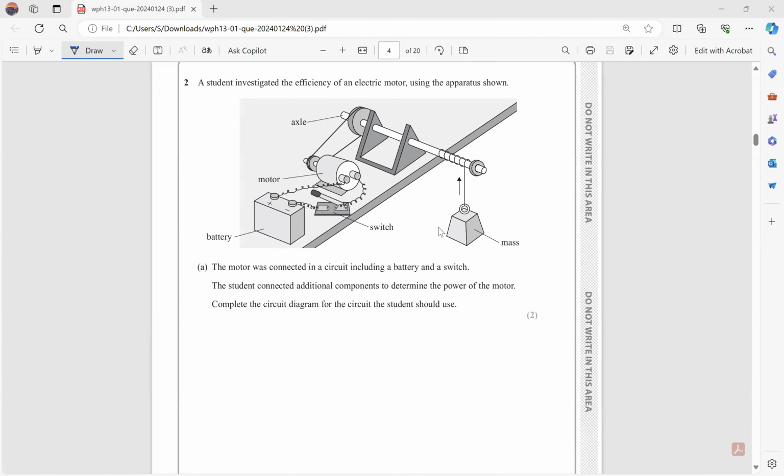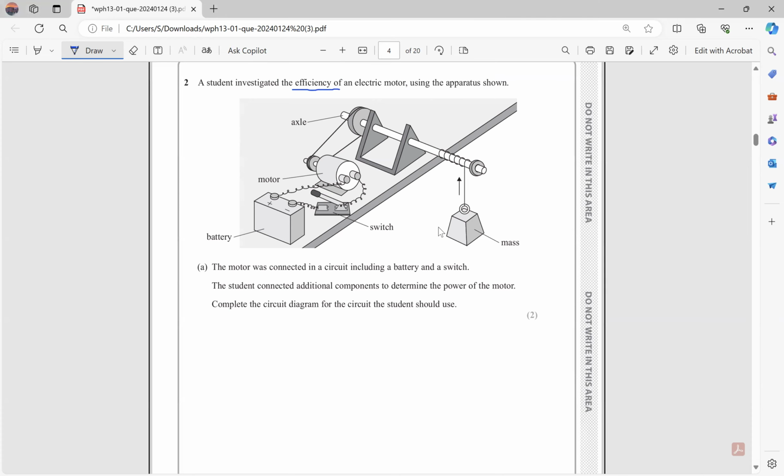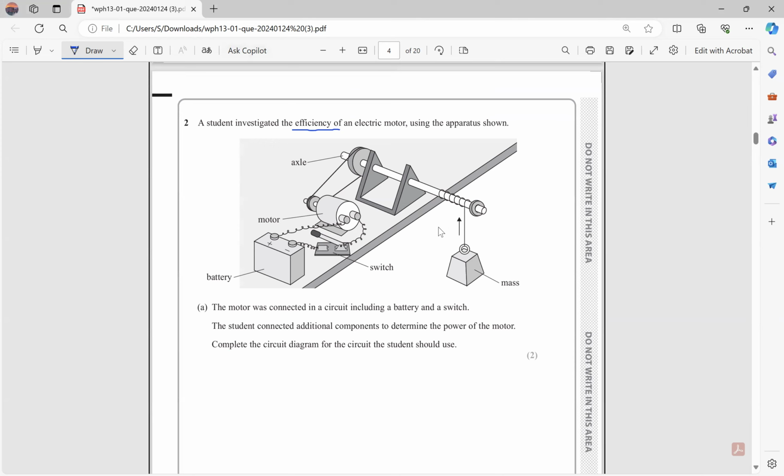So let's first understand what's happening here. The student is trying to investigate efficiency. Efficiency is the energy output over energy input, or the power output over power input. So useful output power divided by total input power times 100%.